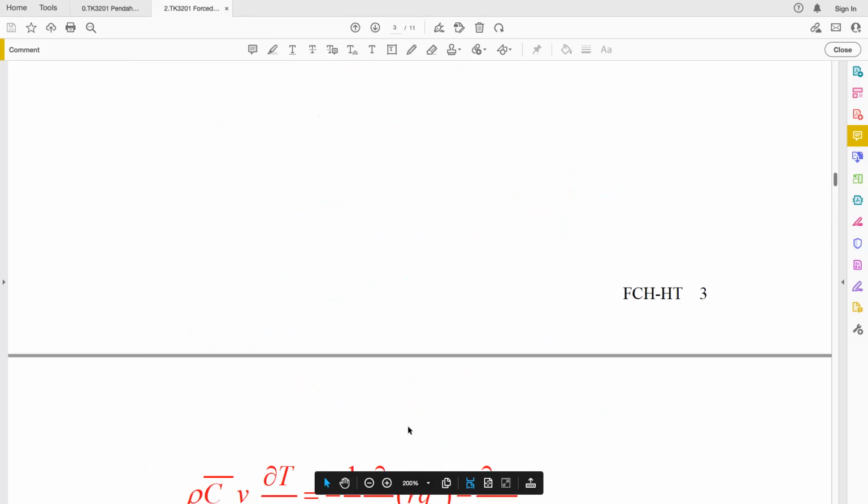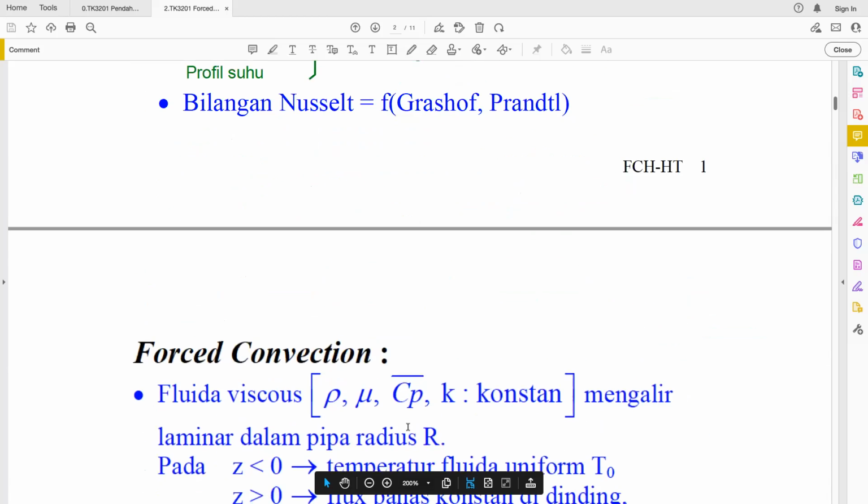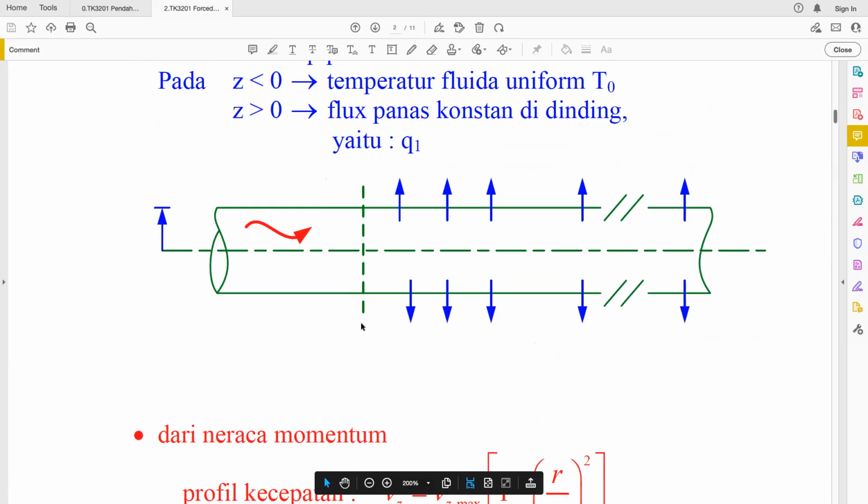Okay, the second boundary condition, I can go back over here. If you look at the boundary condition based on the phenomena here, when Z equals 0, T would be equal to T0. That would be the reference temperature.